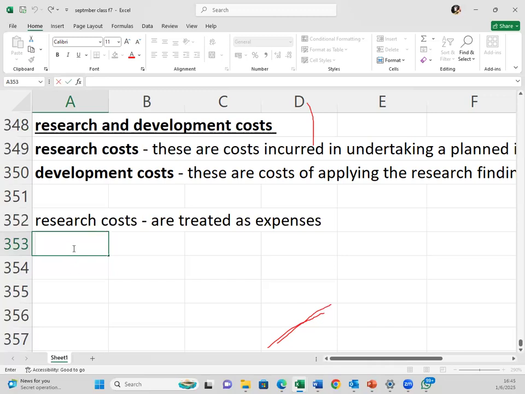But the development costs now. With the development cost, there is a bit of an issue. These are the costs of now applying your research findings. Development costs are capitalized.